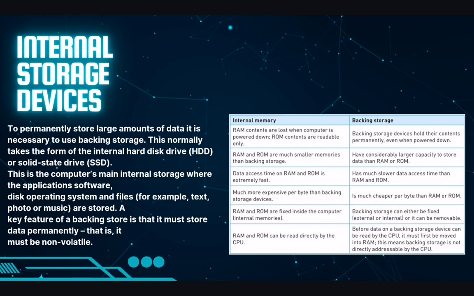Then we have something called internal storage devices. Now, because RAM and ROM are internal memory, they don't have the capability of storing any data permanently. So we have to use something called backing storage devices, which can store your data and it will never be lost.